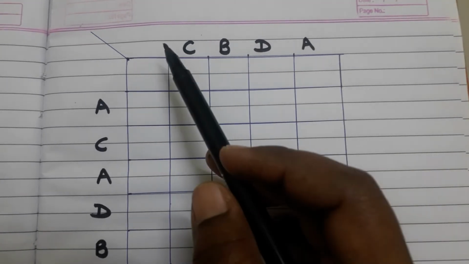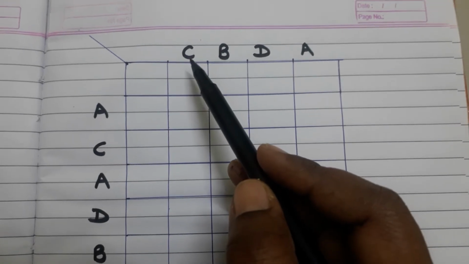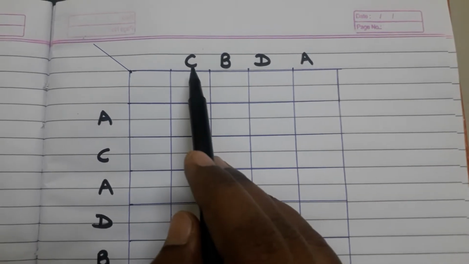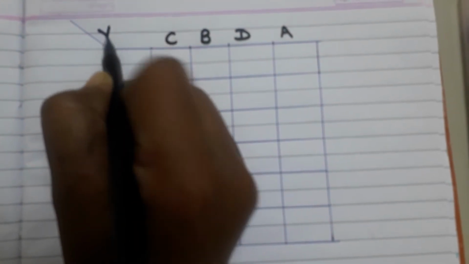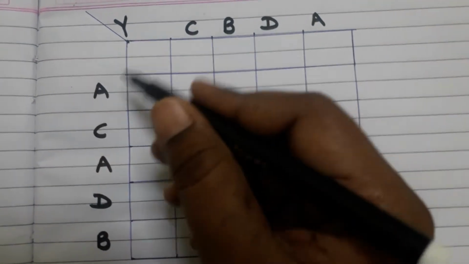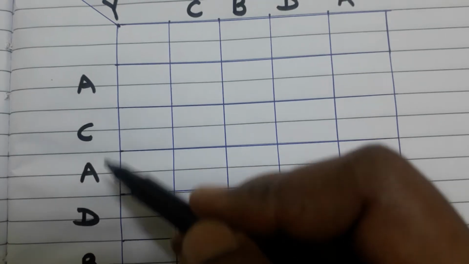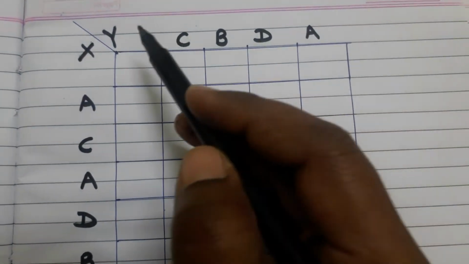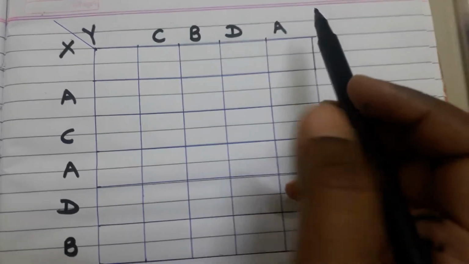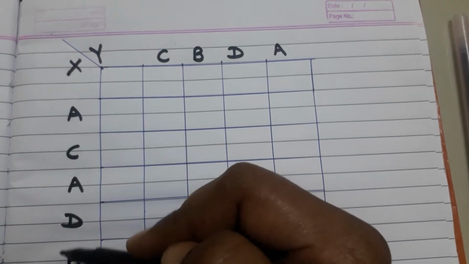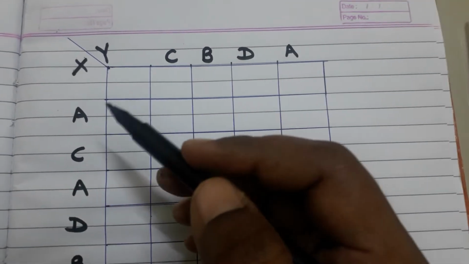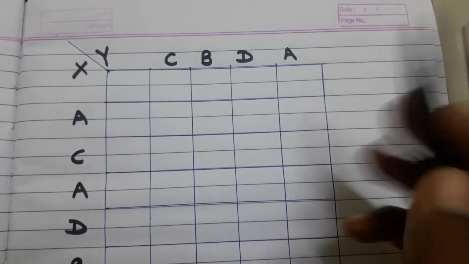Now from the second column we write the sequence Y. Our sequence Y is C, B, D, A. Whereas on this side we write A, C, A, D, B. So this is the sequence for X. In this way, we write sequence X on this side and sequence Y on this side. Either way works: you can write X over here and Y right here.